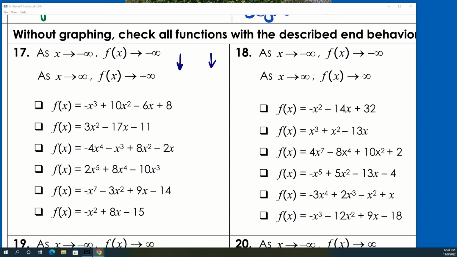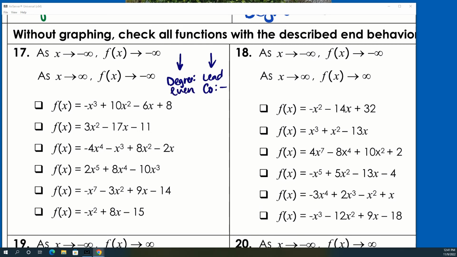So if the right is pointing down, what does it tell you about the leading coefficient? Positive or negative? Negative. So the leading coefficient is negative because the right is down. And then the left is also down. What does it tell you about the degree? Even or odd?